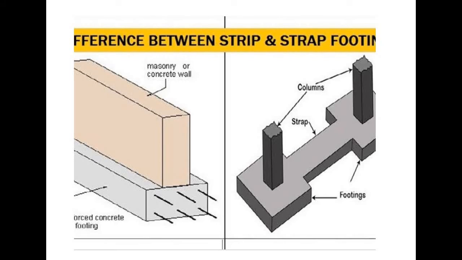Then in the strap footing we can see that two columns are closely spaced and two footings are connected by a strap. The strap will join the two footings and act as one unit. So the total load coming from the superstructure will be divided equally, and the structure is economical and safe.